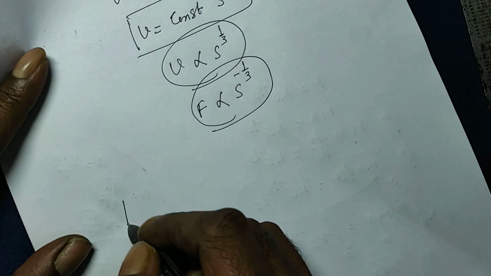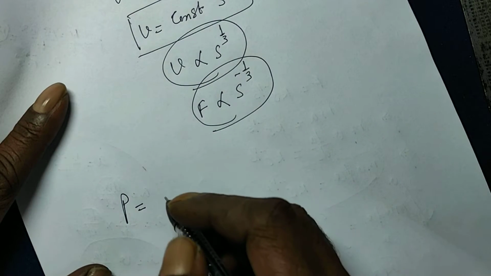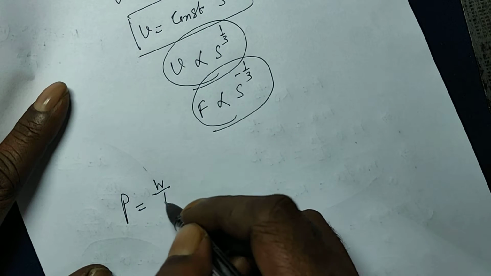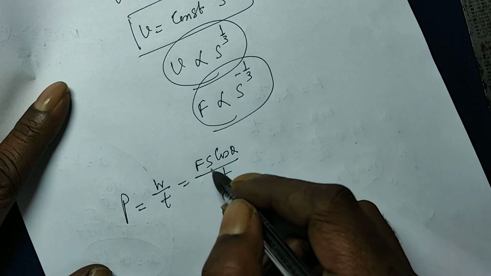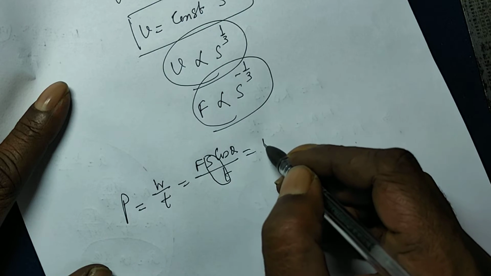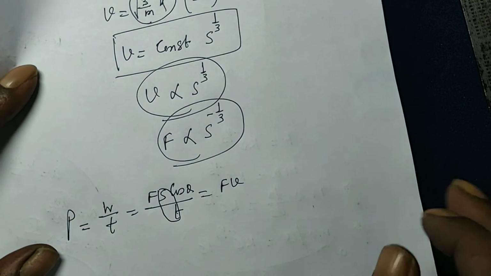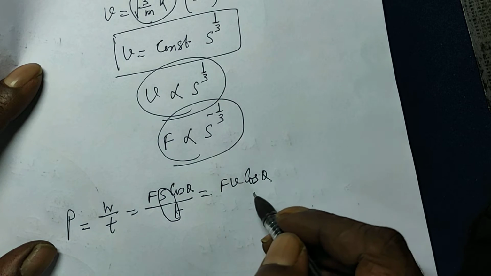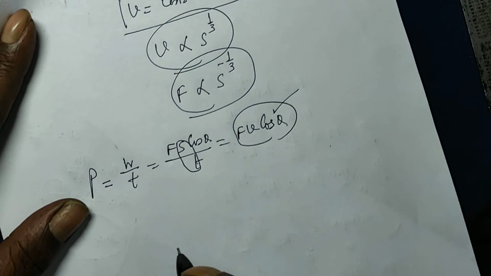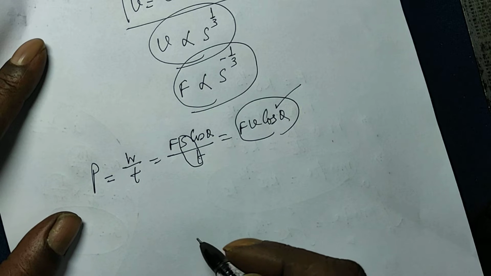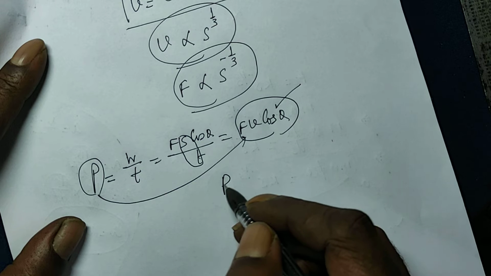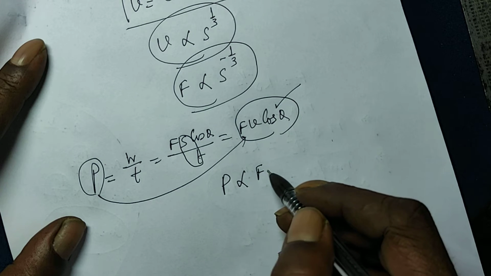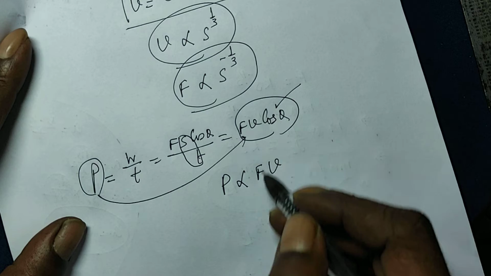Power, which I just explained, is equal to work done over time, that is equal to Fs cos theta over t. S over t is velocity, F times v cos theta, cos theta is just a number. We are only interested in the proportionality. So from here, P is proportional to F and proportional to v.